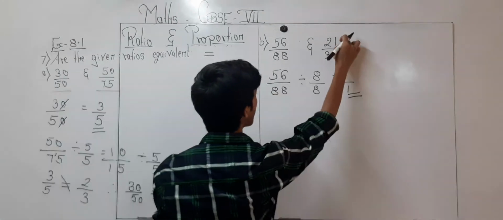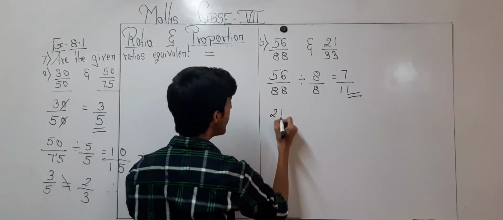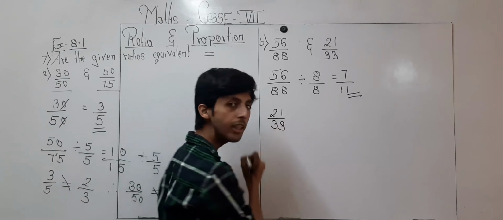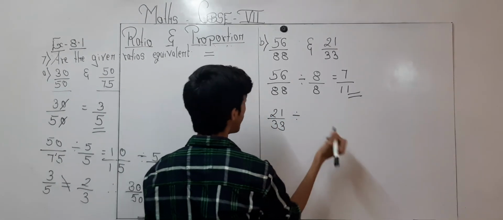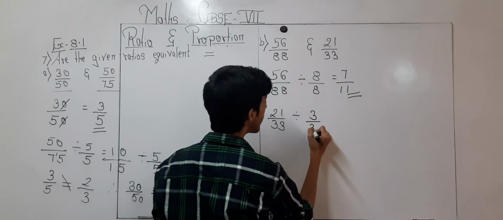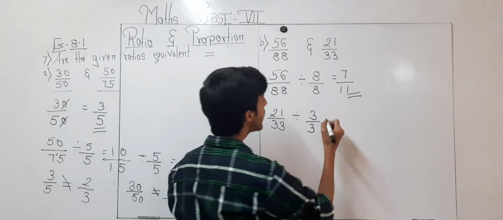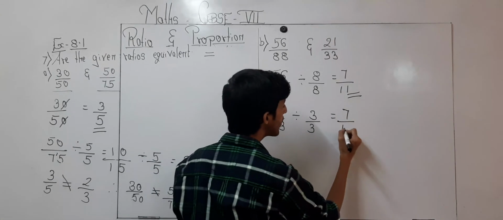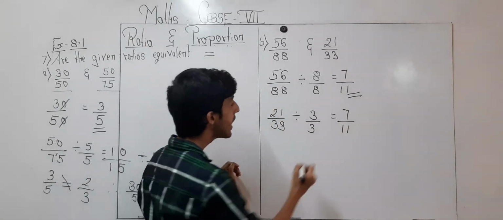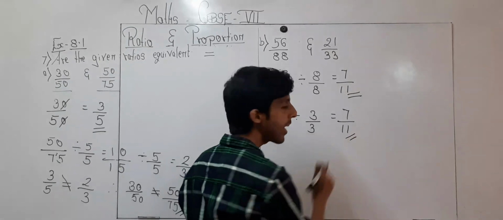Okay. Now over here 21, 33. Again both are coming in the table of 3. So 3 7 is 21 and 3 11 is 33. Again 7 upon 11 cannot be divided further.